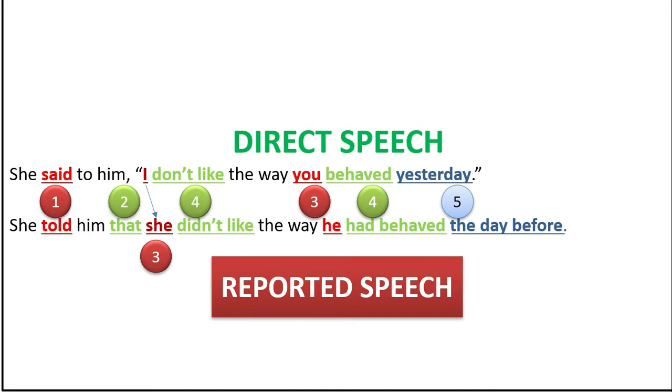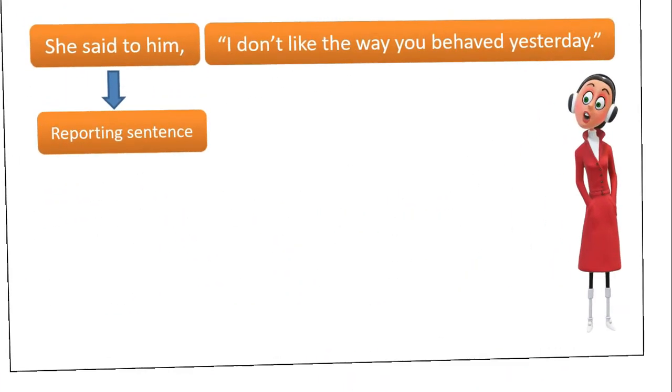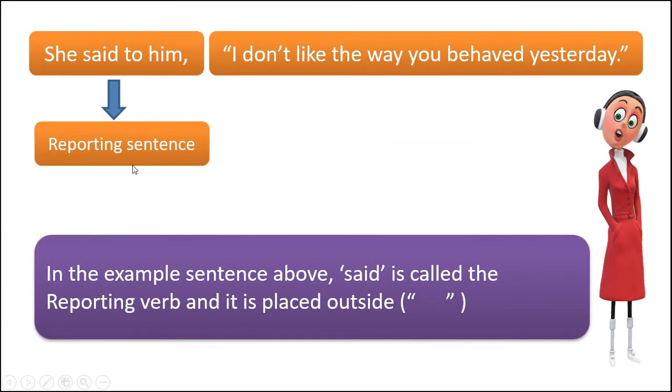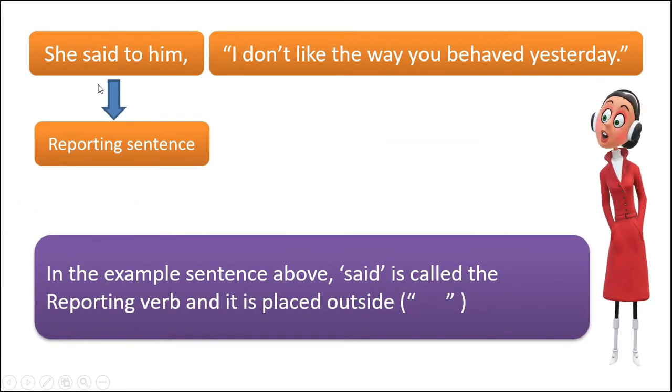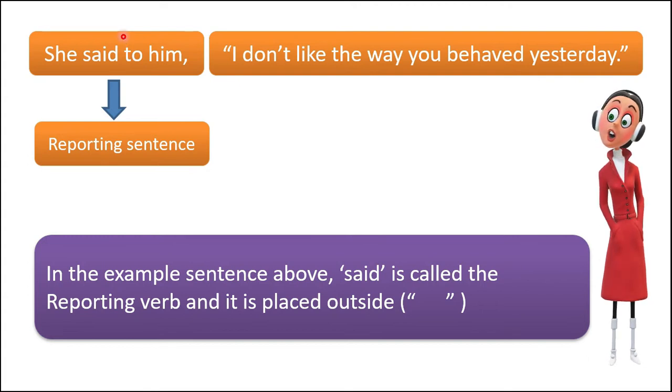Now, before we try to understand how these changes occur, let's learn a few more things. We have already learned that this part is called reporting sentence, and this is actual speech. In this example, said is called the reporting verb, and this reporting sentence is always placed outside of the quotation marks.